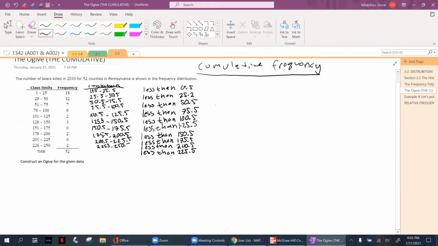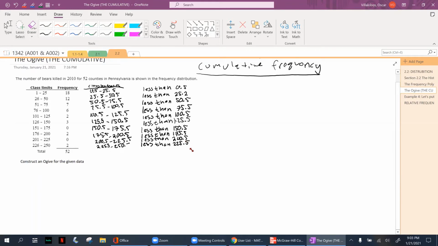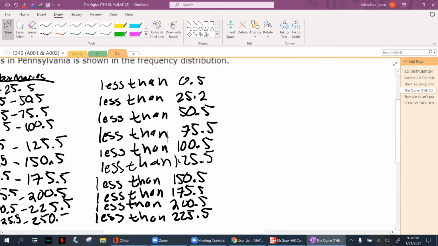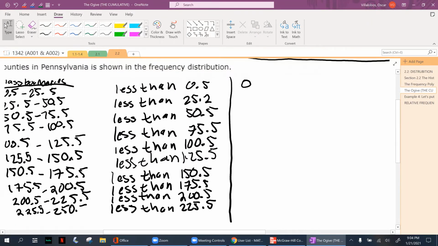So now that I have that column, I can get my cumulative frequencies. Anything less than 0.5 would be 0. Let's make this a little bit bigger. That would be 0. Oh, and I'm missing my last one.